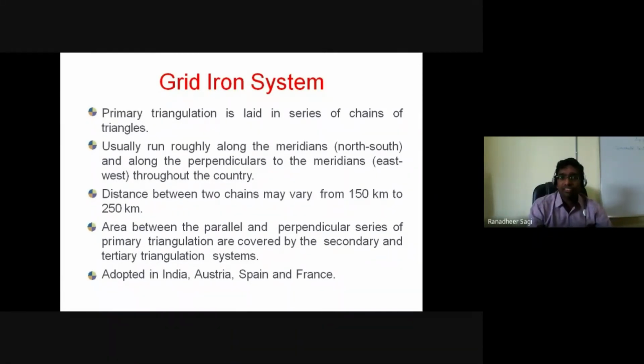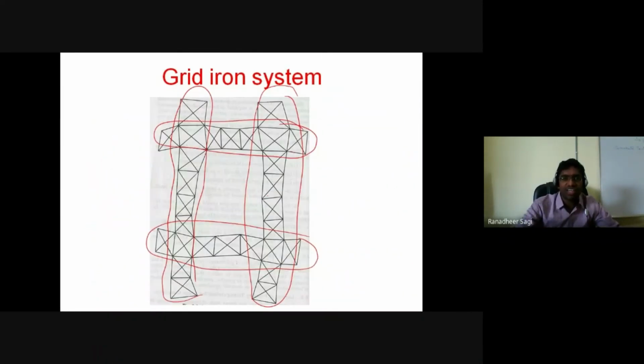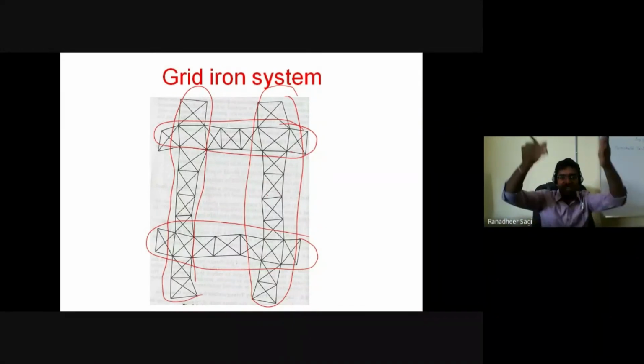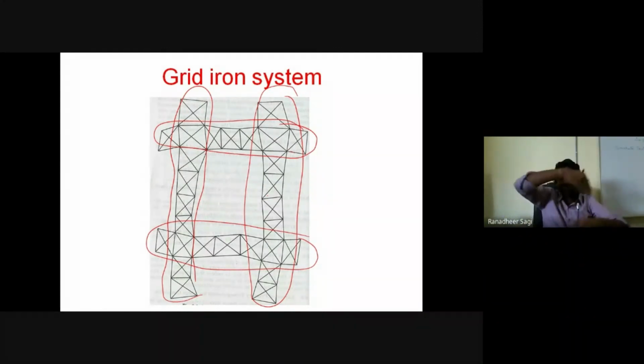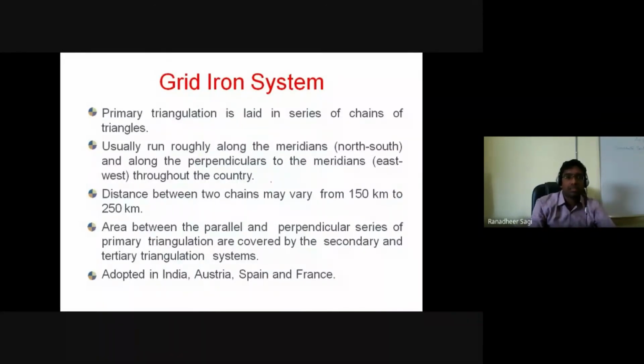They usually run roughly along the meridians, in the sense in the north-south direction and east-west direction. If you look at your grid pattern, you have your pattern arrangement going in north-south or east-west. So that's how your gridiron representation is.